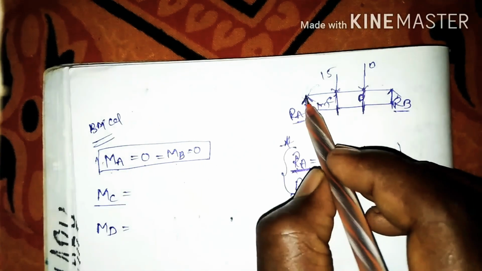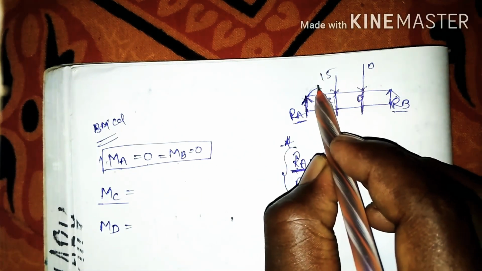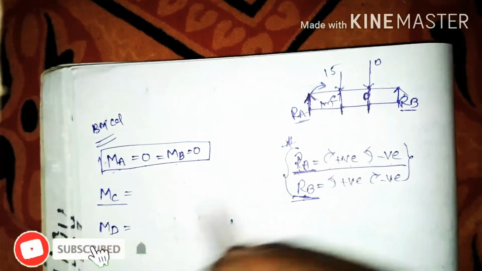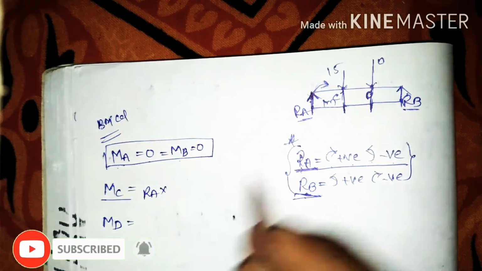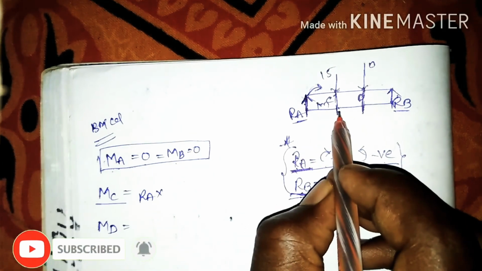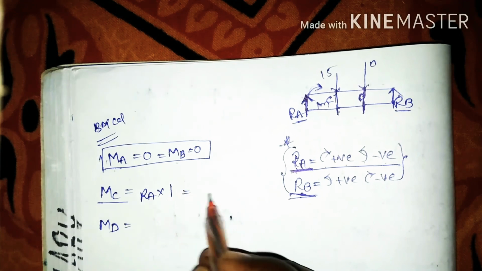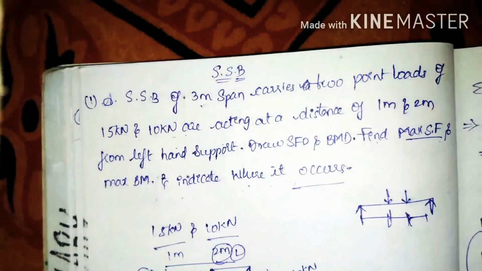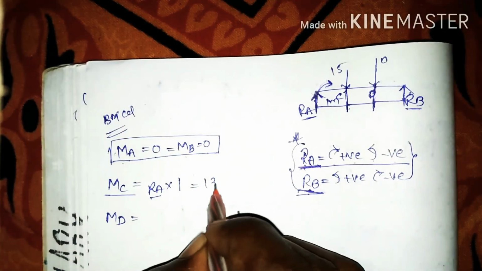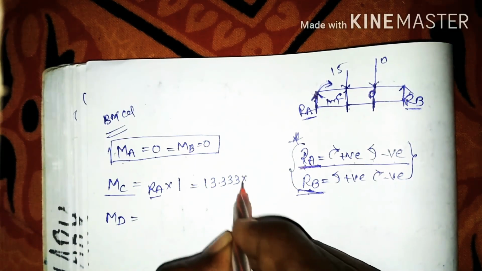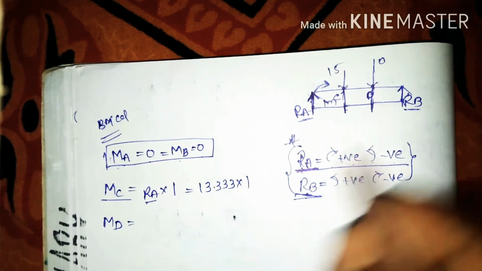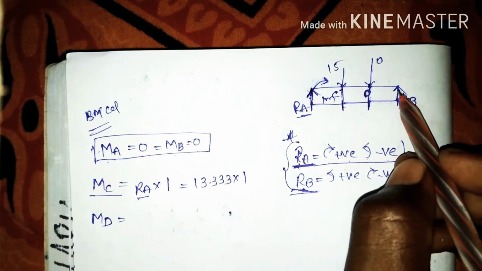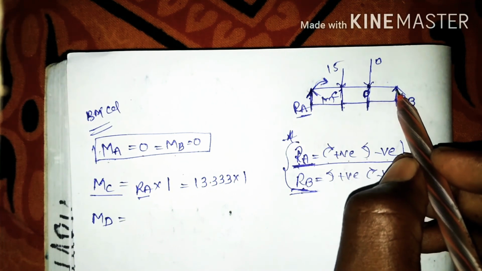Here RA is taking the moment about C in the clockwise direction, so RA into the distance between RA and C, which is 1. The value of RA is 13.333 into 1.